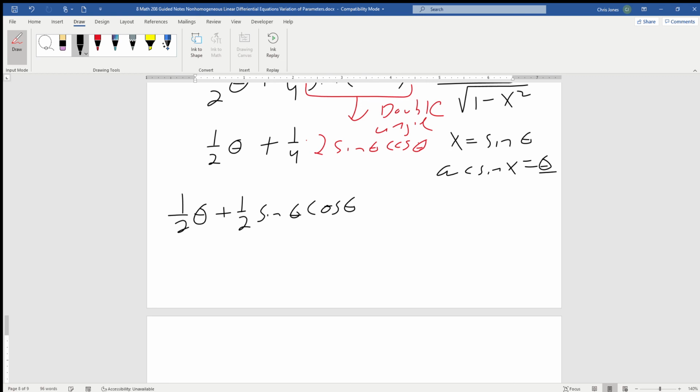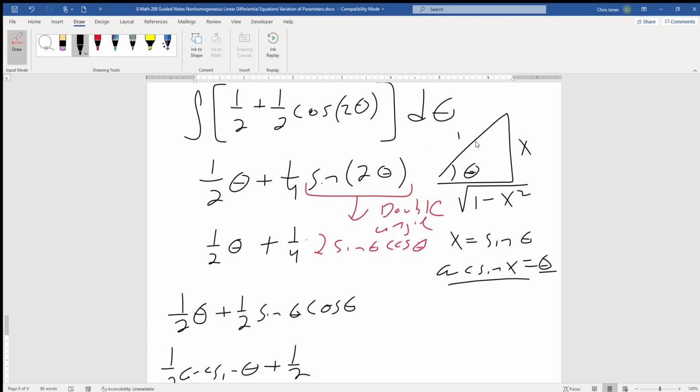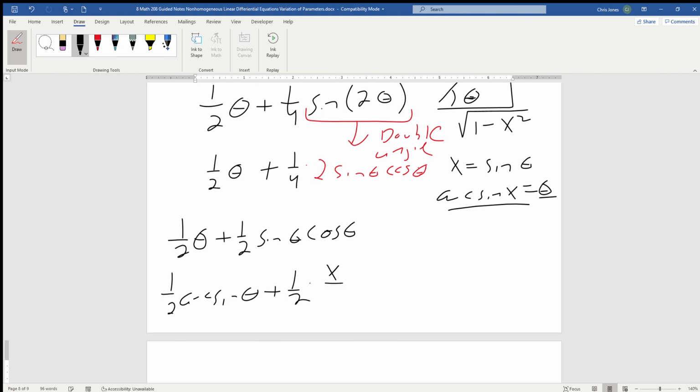Remember, theta is arc sine x, so 1/2 arc sine x plus 1/2 sine theta. Remember, sine is opposite over hypotenuse, so that's x over 1. And then cosine is adjacent over hypotenuse, so that's square root of 1 minus x squared over 1.